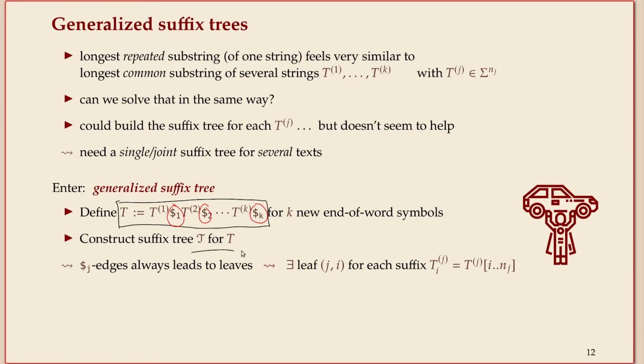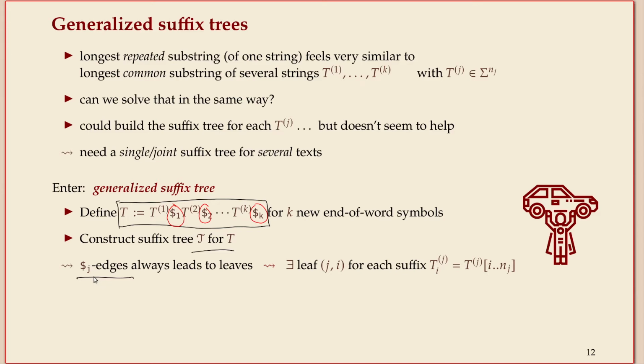And then we construct the suffix tree for this big string. I'll show an example in a second, but even without that, it's clear that because all these dollars are unique and different, whenever you see a $J edge, it has to lead to a leaf.